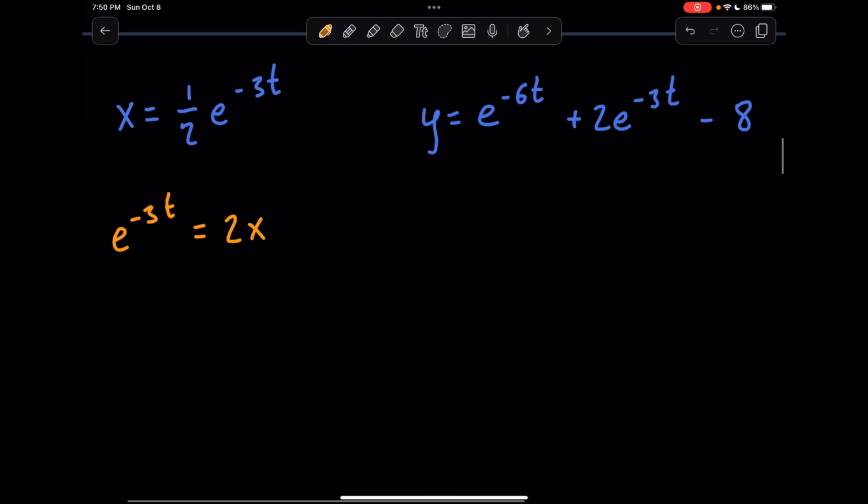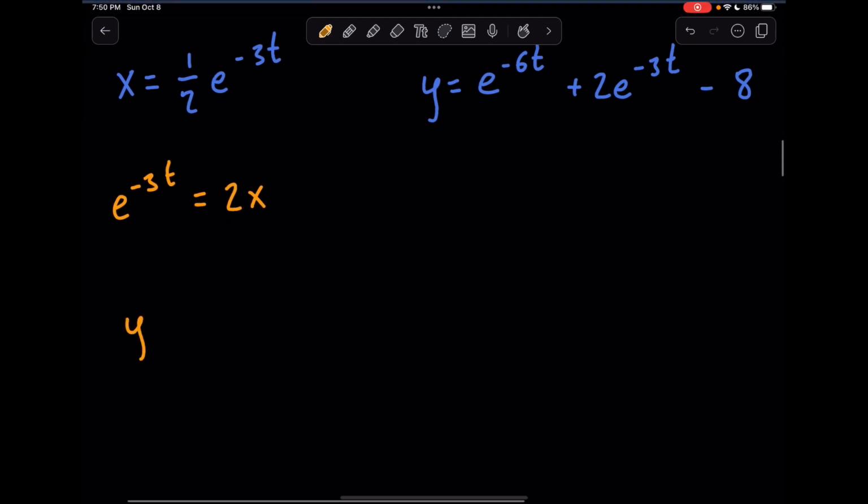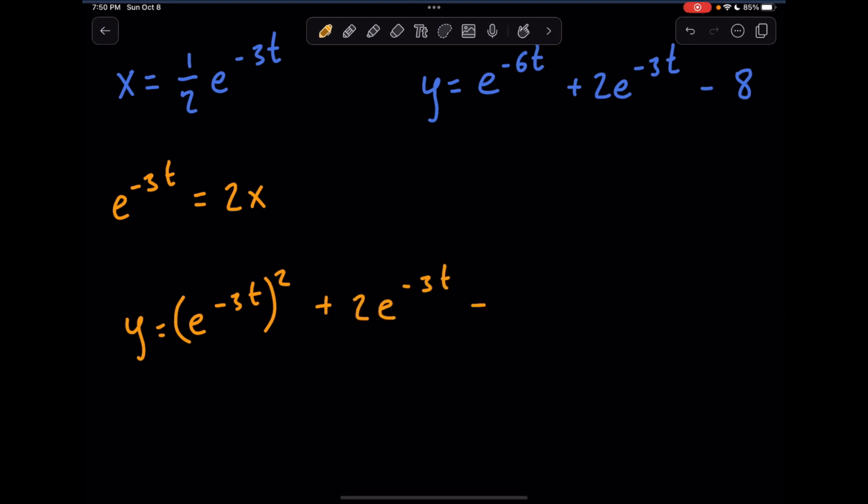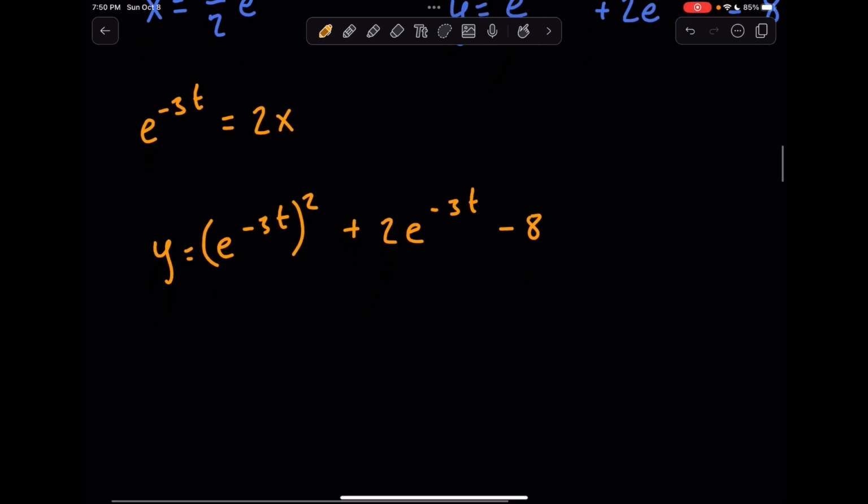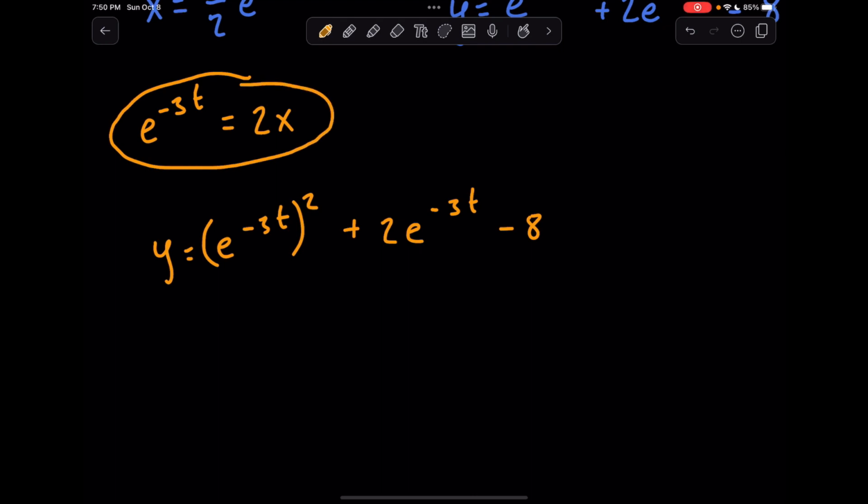Now let's rewrite our y equation. We can say that y equals (e to the negative 3t) squared, just by using exponent rules, plus 2e to the negative 3t minus 8. Now, since we just isolated e to the negative 3t in the x equation, we can simply sub in 2x.